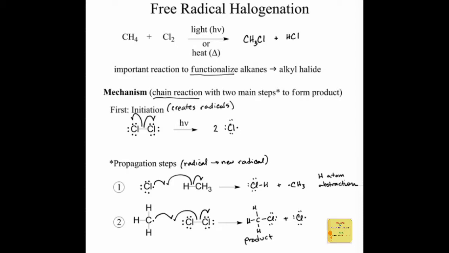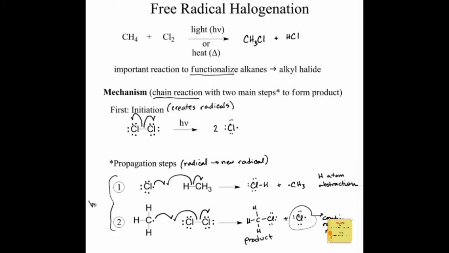And what can that chlorine atom do? That can continue back and attack another equivalent of the alkane. Okay, so this will continue the radical mechanism, the chain reaction. It's called a chain reaction because as soon as you form just one radical, these propagation steps will go on and on and on.